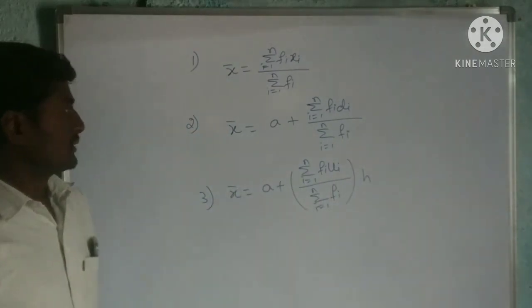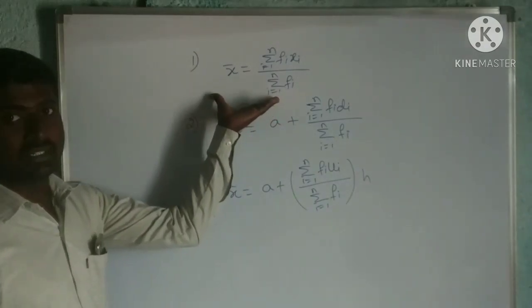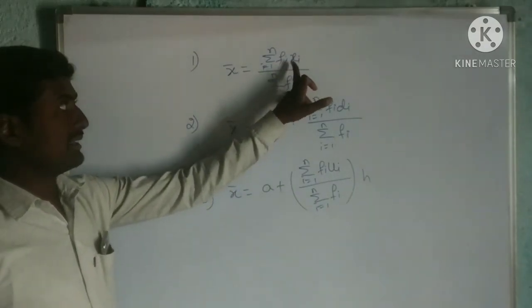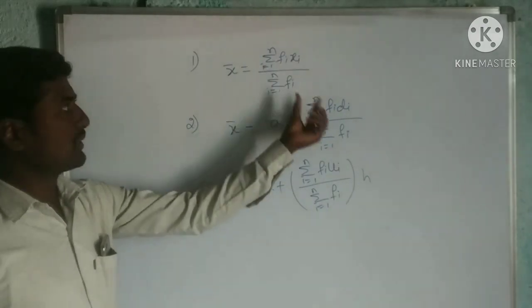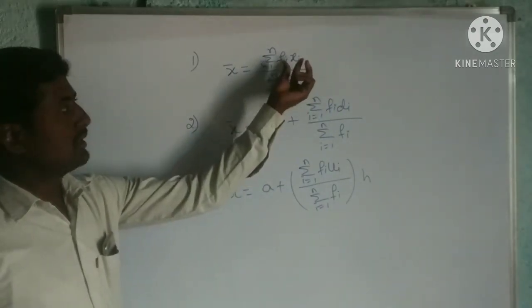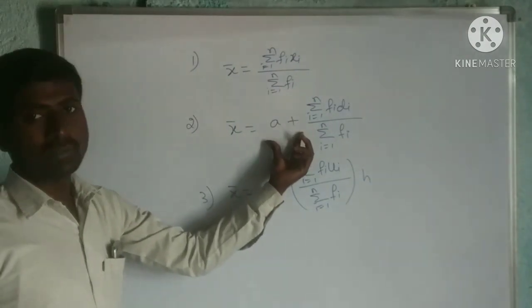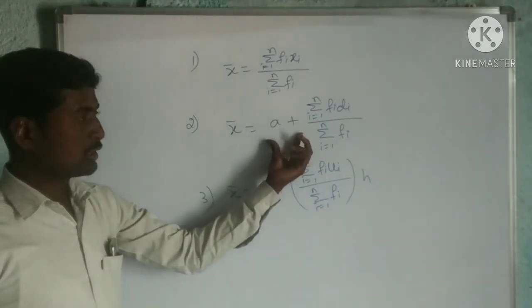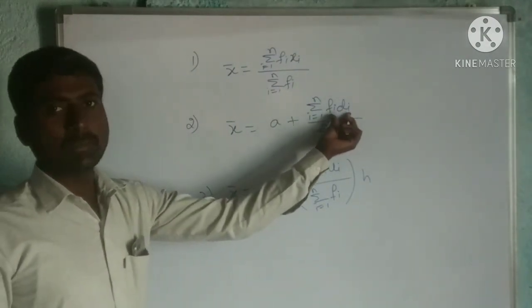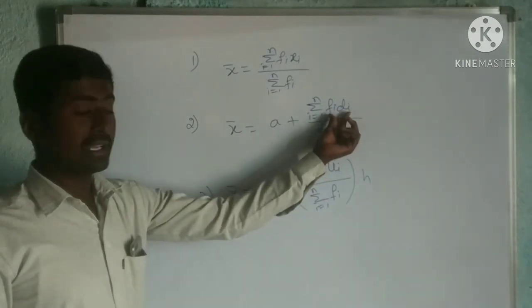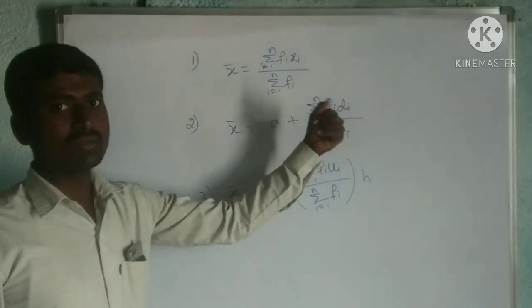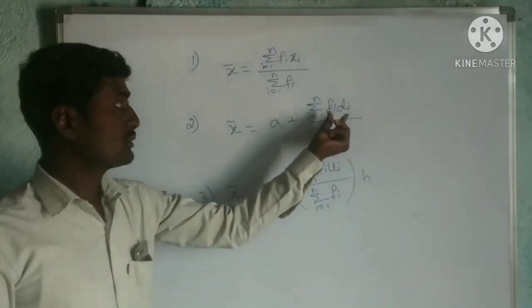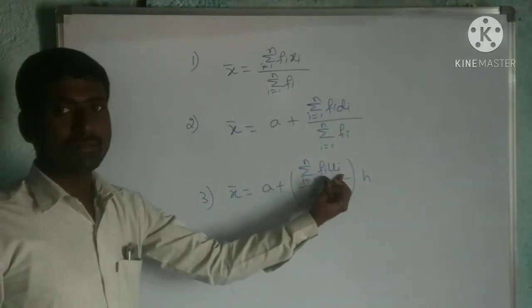So in the first method, if xi and Fi are big numbers, it is very difficult to multiply them, so you can go for the next, assumed mean method. In the assumed mean method, Fi and Di have to be multiplied. If Fi and Di are again big numbers, it becomes complicated, so I can go for the step deviation method.